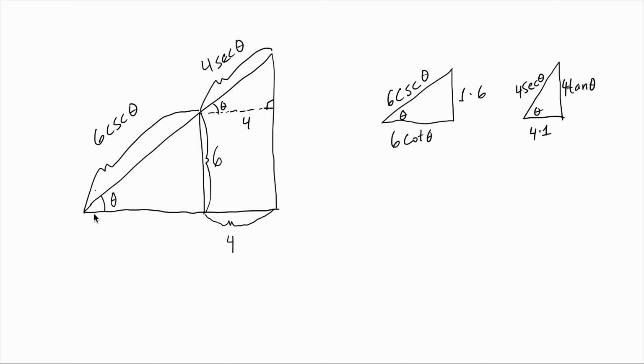So if we wanted a function that represented the big hypotenuse of the triangle in that situation, you could write something like this: f of theta is equal to 6 cosecant theta plus 4 secant theta. So we have a formula.